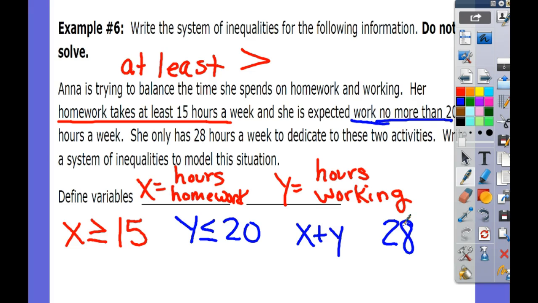She can't spend 30 hours doing that. That has to be less than or equal to the 28. So, don't try to fit everything in one mathematical sentence. Each phrase got its own mathematical sentence.